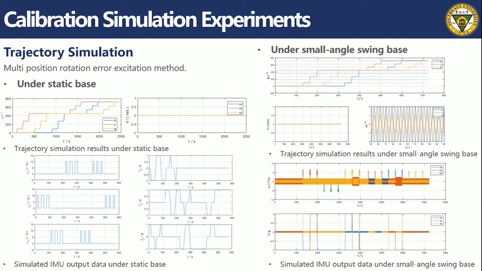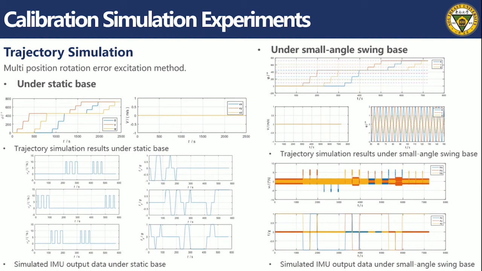Figures on right side show trajectory simulation results and simulated IMU output data under small angle swing base. It can be seen from the trajectory simulation results that the speed on each axis are always 0 meter per second. The angles change according to the preset rotation scheme, where small angle swings are added. The small angle swings can be observed more clearly in the third figures.